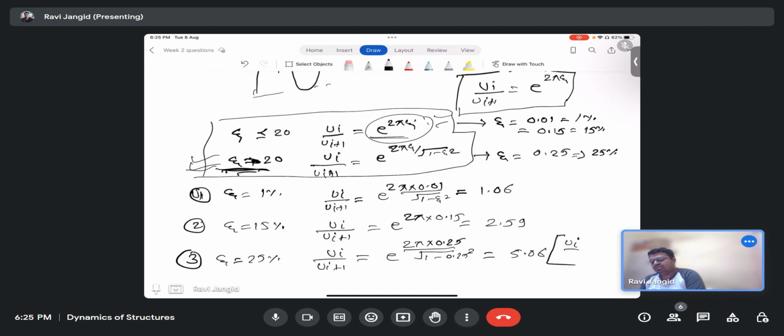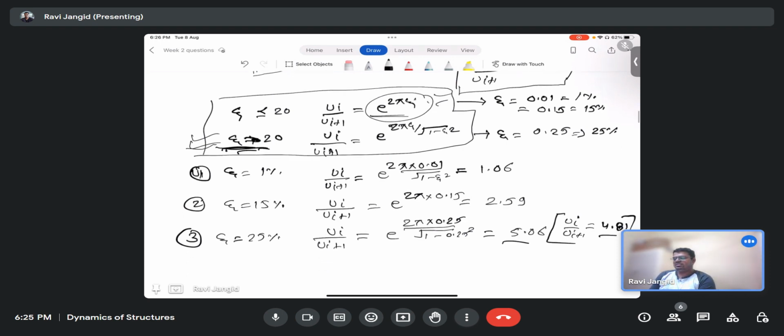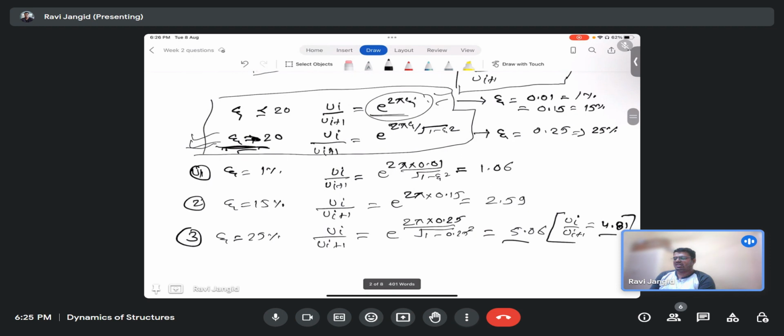If you try with the simplified one, you will get 4.81. So you can see how much difference it is. In objective type questions, if there is something like that, it will lead to cutting your marks.